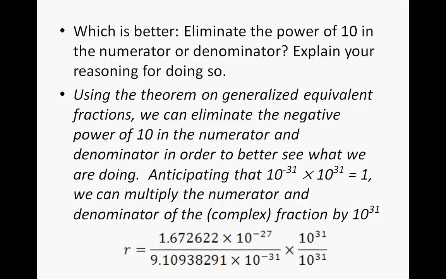We're going to cancel out the negative 31st by multiplying it by 10 to the 31st power, and this is going to give us 1. So all we're left with is the decimal expression of the denominator.